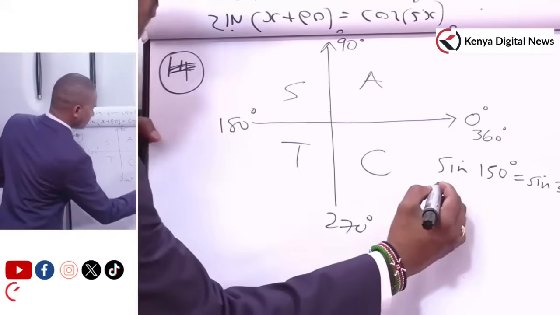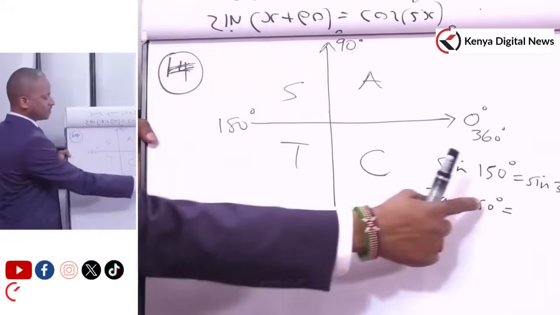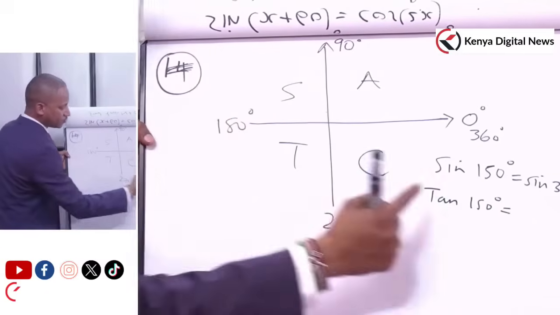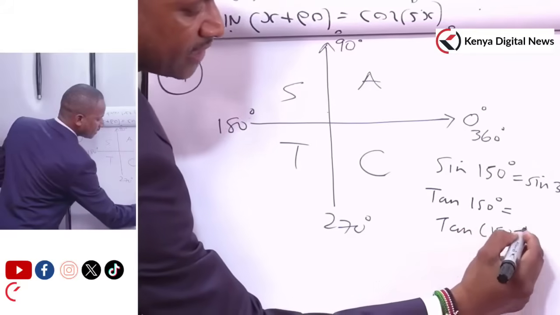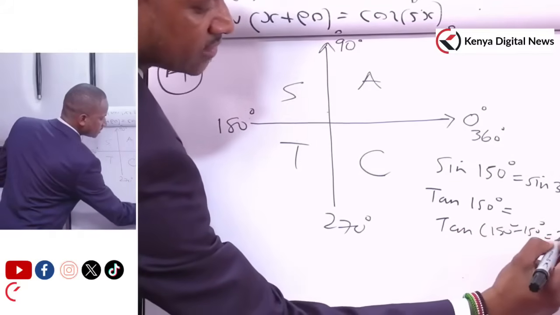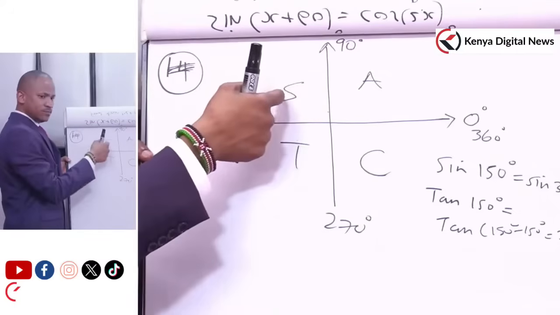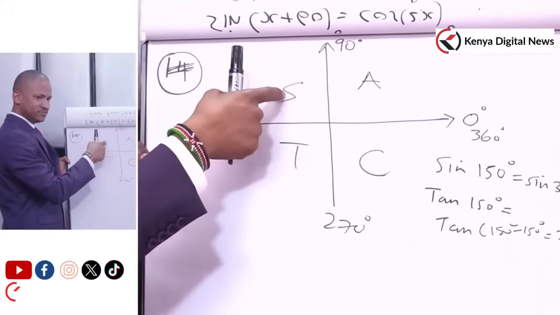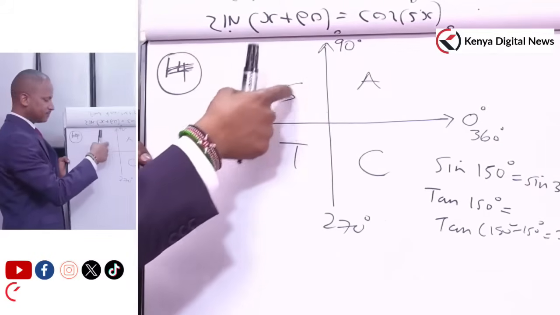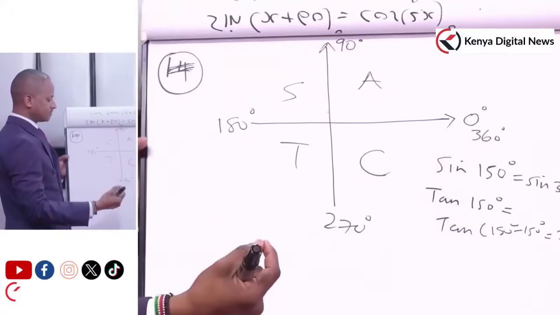But if you are told to find tan 150 degrees, you will do tan of 180 minus 150 degrees, which is tan 30 degrees. But the answer that you get, you multiply by -1, because it is negative. 150 falls here. So you first of all identify where the angle lands.